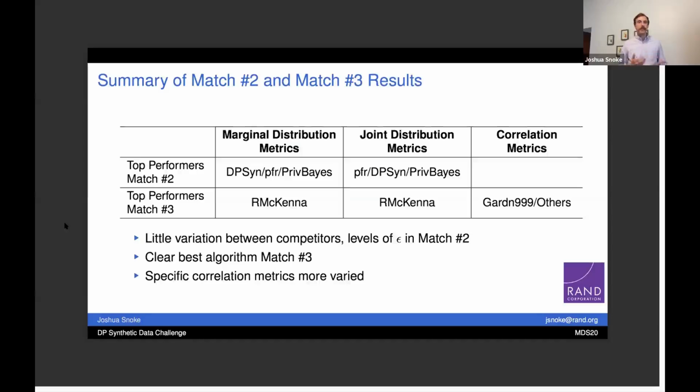Again, this makes sense because these are highly specific utility metrics, and you would expect that competitors who are designing their algorithms for very general synthetic data might miss one or two relationships, for example. So this is just to give you an idea that your synthetic data might perform well on one type of metric, but not on others.